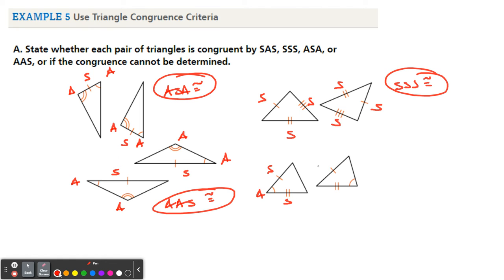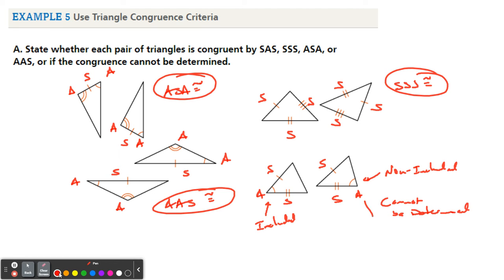The angle is included. Over here, though, I have a side, and an angle. This angle here is included between the sides. This angle is not, or non-included. So because of that, we cannot determine this one. This cannot be determined. We don't have enough information.